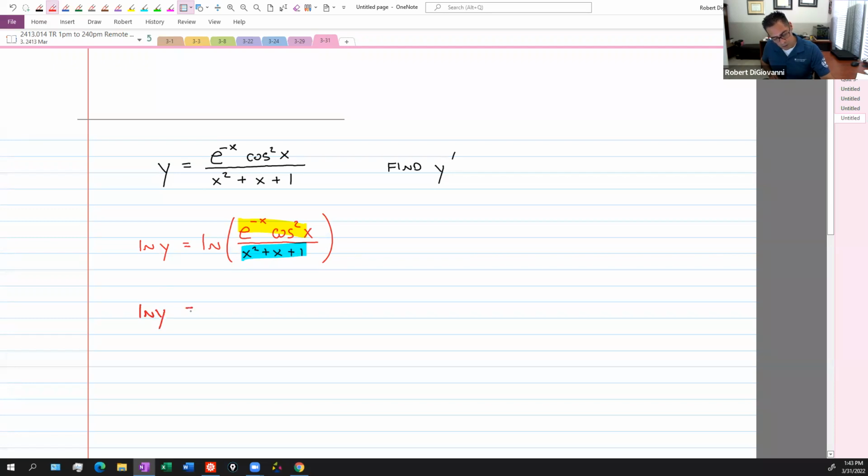Natural log of y equals natural log of e to the negative x times cosine squared x, and then minus natural log of x squared plus x plus 1.